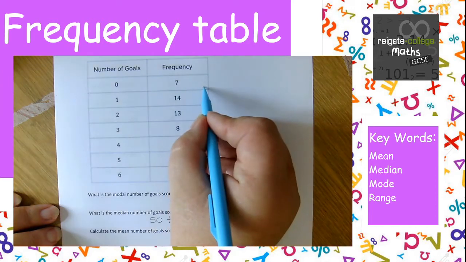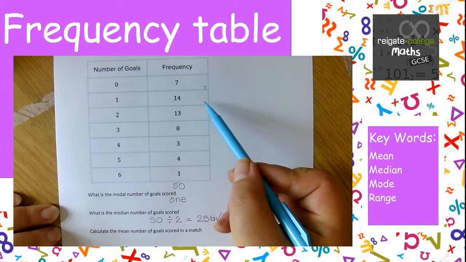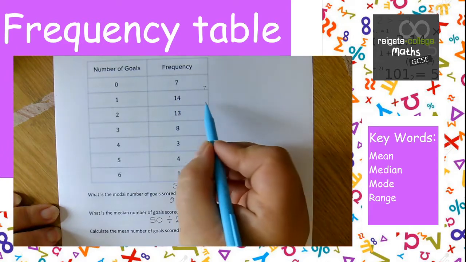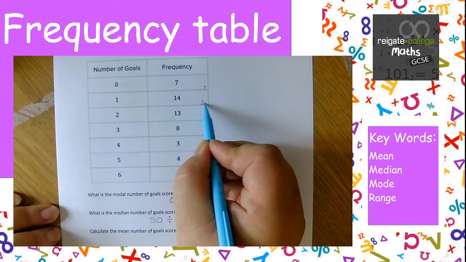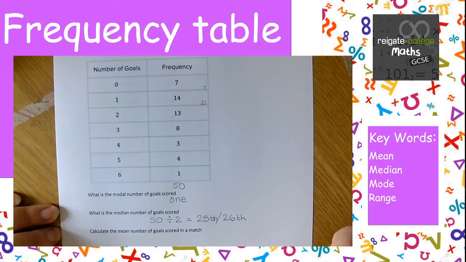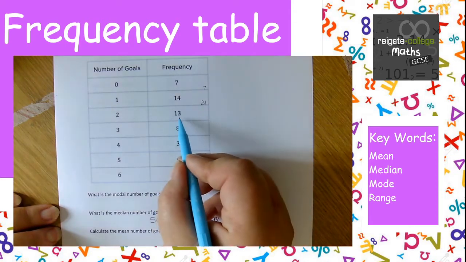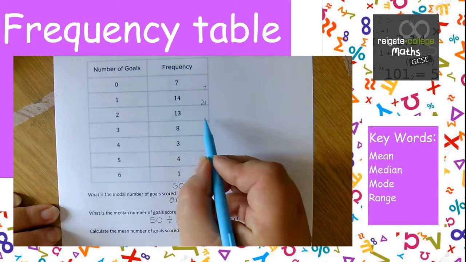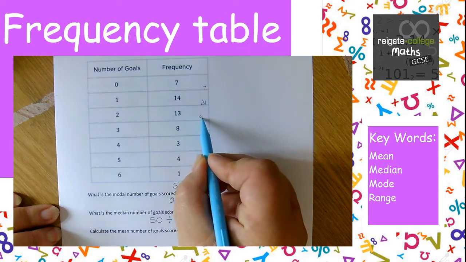Here I have the first 7 matches played. If I add the next 14 matches played, I have the first 21 matches. So I'm getting very close to my 25th and 26th match. By the end of this group of matches, I actually have 34 matches have been played.